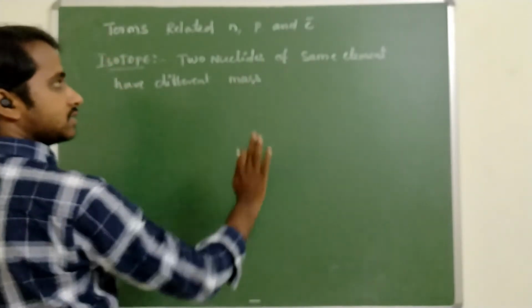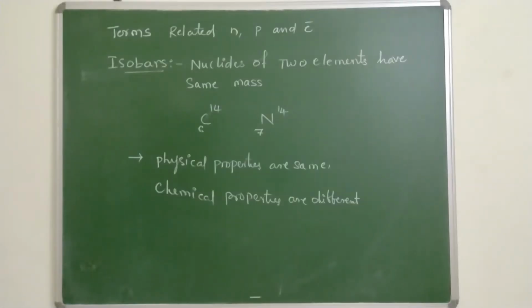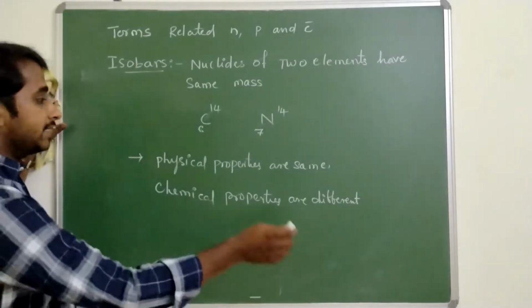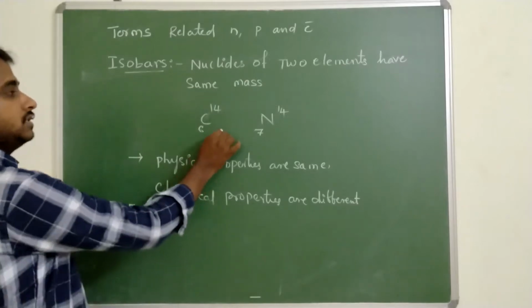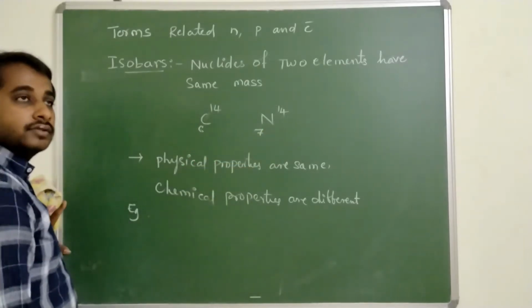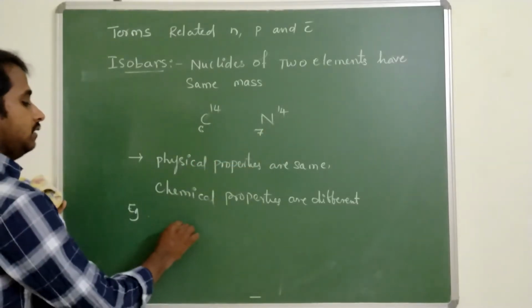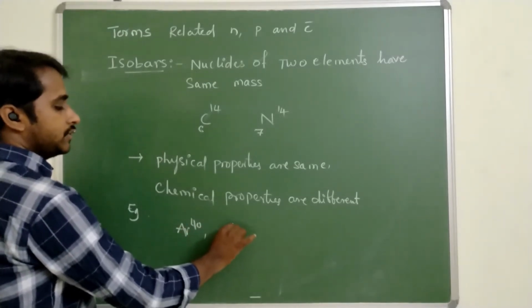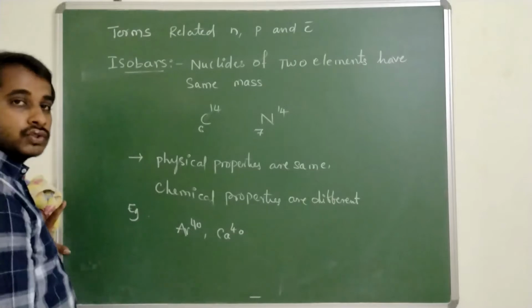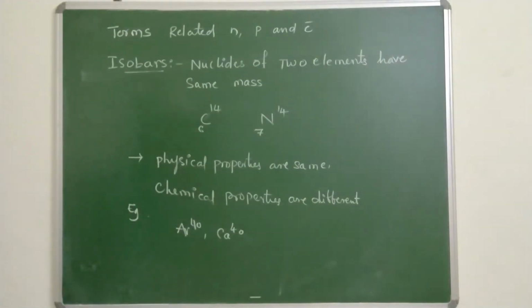If you write examples, C14 and N14 are isobars to each other. We have argon 40 and calcium 40. These are also isobars to each other.